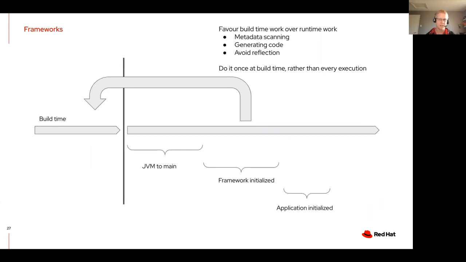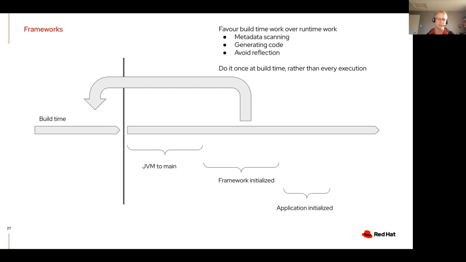Now, that's not the only game in town, though. Those are pieces that are happening at the JVM and at the ecosystem level. There are also changes coming in the frameworks. Frameworks are looking at the techniques that they can use to work with GraalVM and saying, well, if we change the way our applications work so that we favor doing this work at build time rather than at runtime, if we do our class path scanning then, if we generate the code we need then, if we avoid reflection, we can do all this work at build time rather than doing it on every execution.